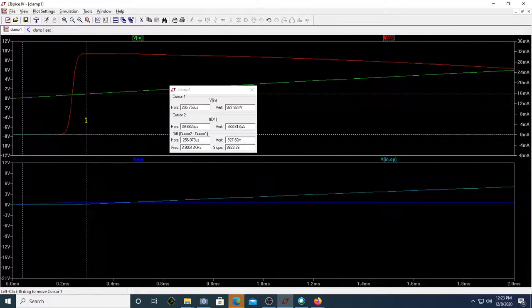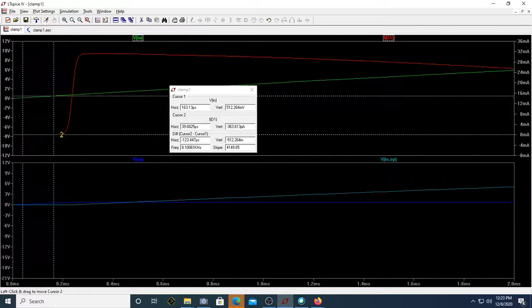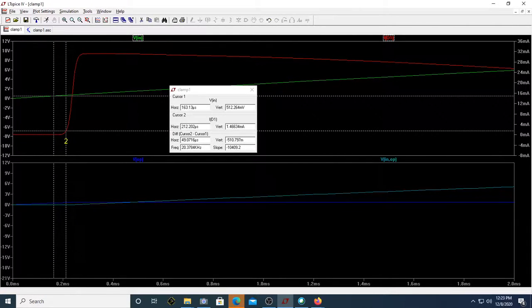Whenever the input voltage is less, you can see the current is in terms of picoampere, meaning that the diode is off. So the diode turns on, and this is the voltage at which the diode starts conducting. You can see the diode current has increased and now it has become milliampere.